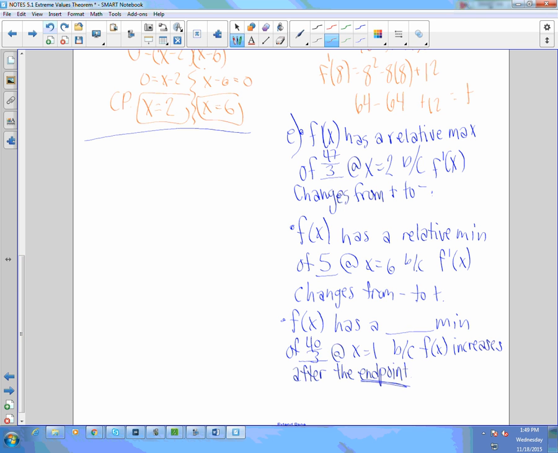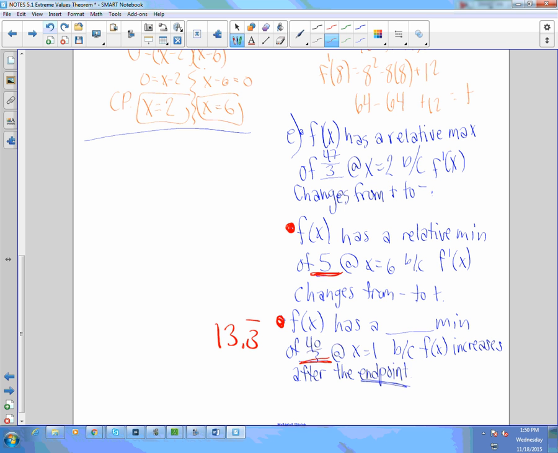So this one was a minimum, and this one was a minimum. One of them has a height of 5, one of them has a height of 40 thirds. What's the decimal for 40 thirds? So we have a concept of what that means. 40 divided by 3 is 13.3, repeating.